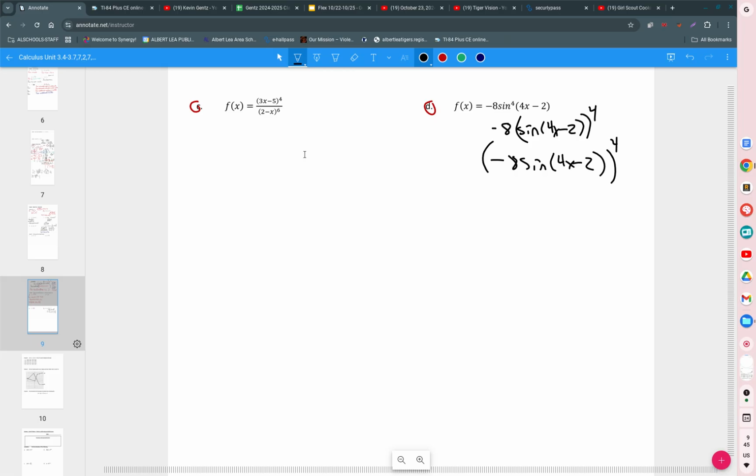Which one is it? It would be the bottom one. Here's the question. In the problem, is -8 being taken to the 4th power? No, it is only the sine operation being taken to the 4th power. So it is not the bottom one, it is the top one.